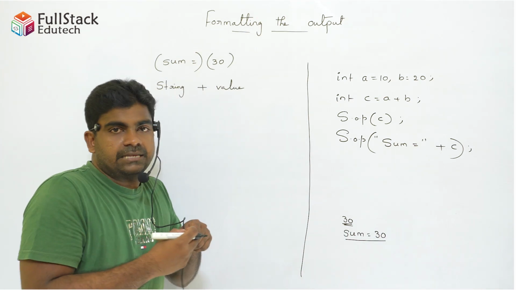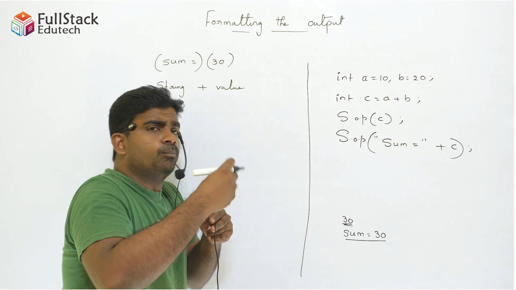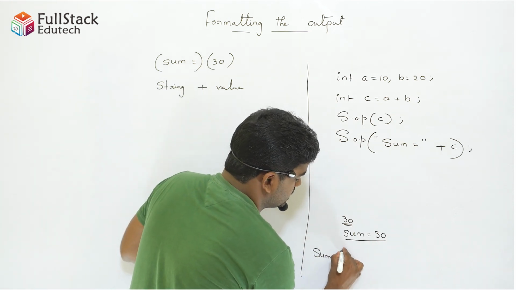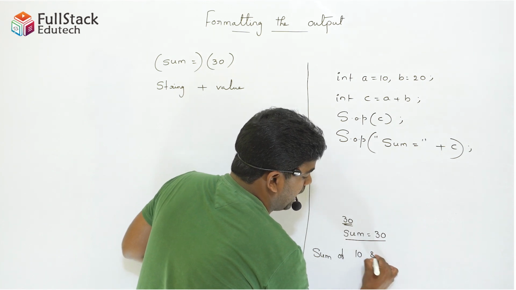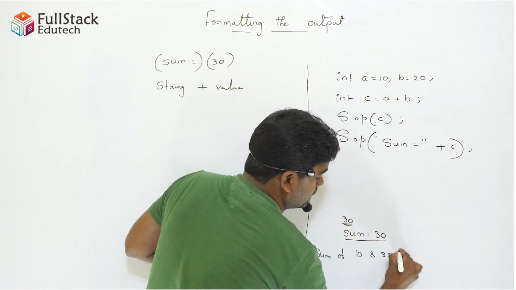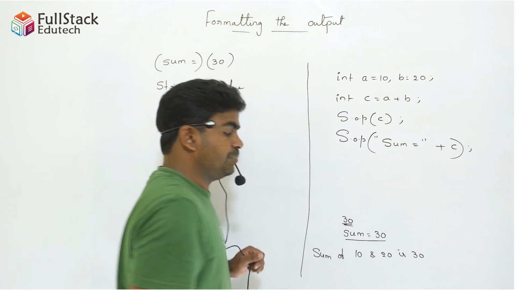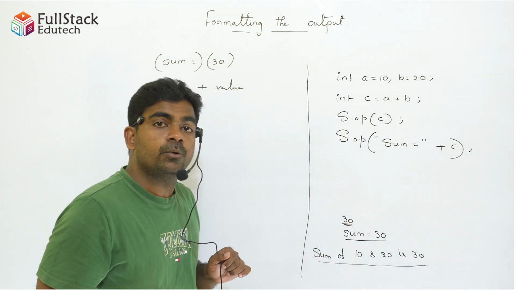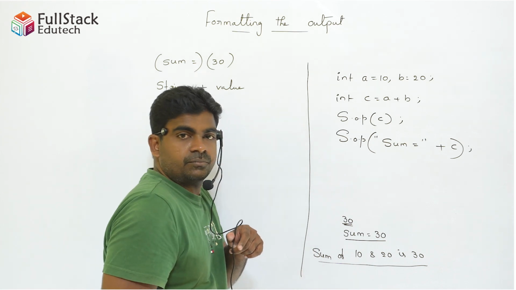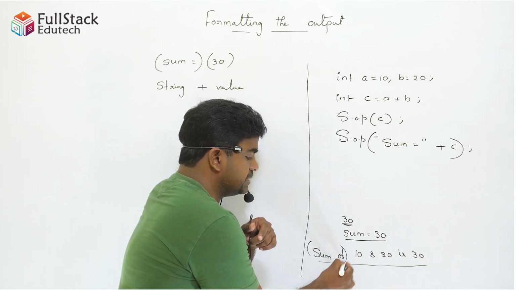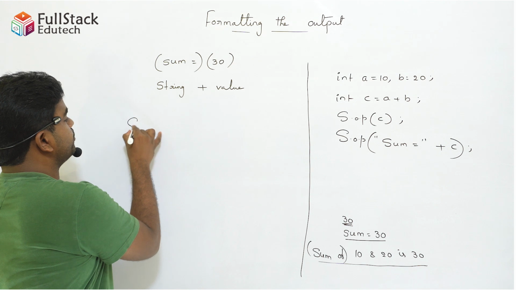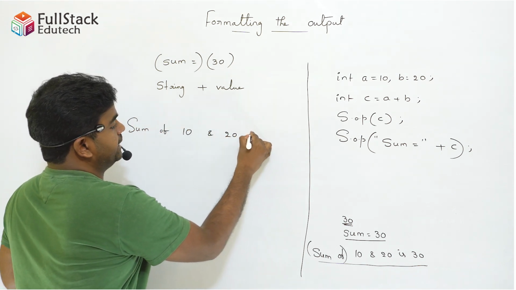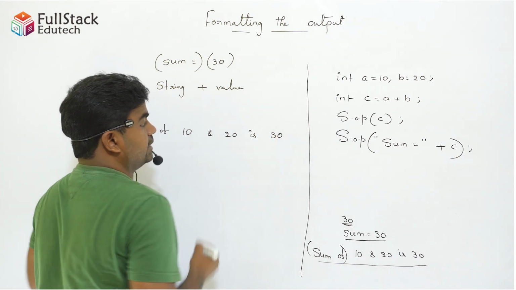Okay, for example, I just want to give a more meaningful message, like simply "sum of 10 and 20 is 30". How can we do this? "Sum of" is a string. Here I am representing sum of 10 and 20 is 30.